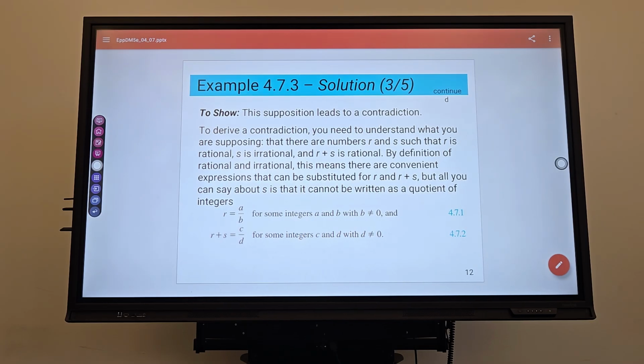That there are numbers R and S such that R is rational and S is irrational, and R plus S is rational. By definition of rational and irrational, this means that there are convenient expressions that can be substituted for R and R plus S. But all you can say about S is that it cannot be written as a quotient of integers.